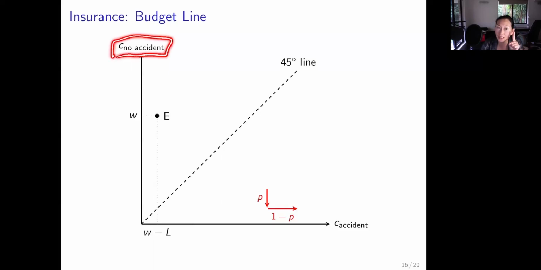Let's say you purchase 1 unit of insurance. That means that your wealth will be reduced by the bill less P, right? Because you have to pay the insurance for 1 unit. So you end up here. It's going to be the bill less P, right?